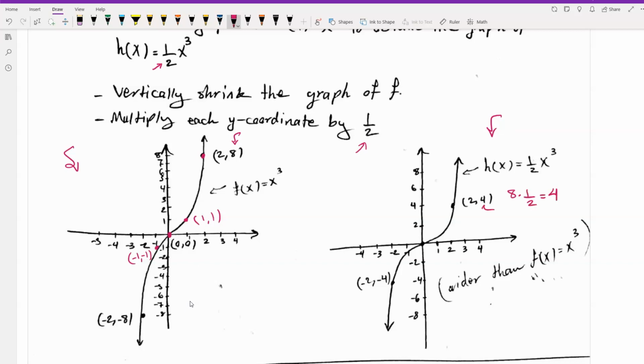This is how I got this point. We have the same number for x, but changing y to 4. The next one we have is 1 comma 1. So 1 times 1 over 2, we're going to have 1 over 2 for y. So this point is 1 comma 1 over 2.